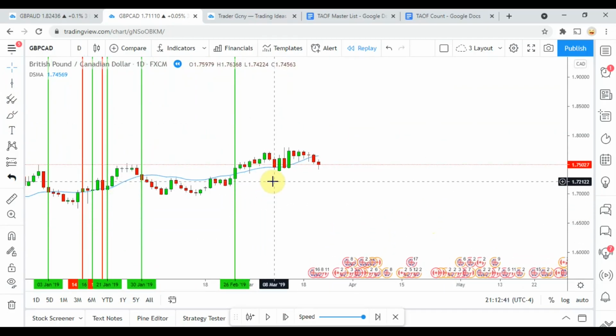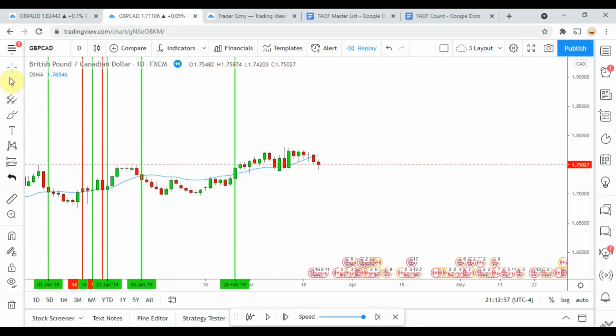Let's see, let's check this one right here. So close of this one was 1.74563, and the moving average was 1.74569.